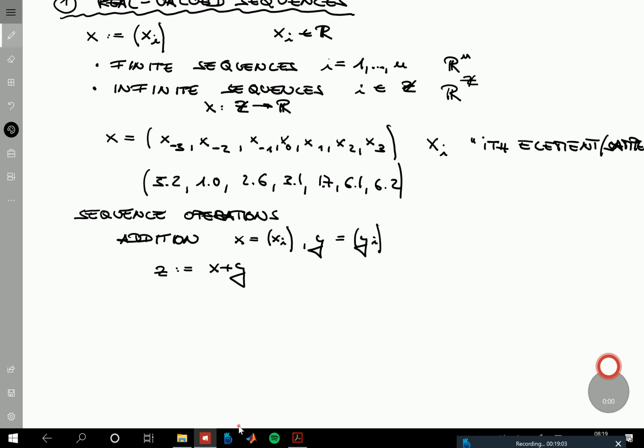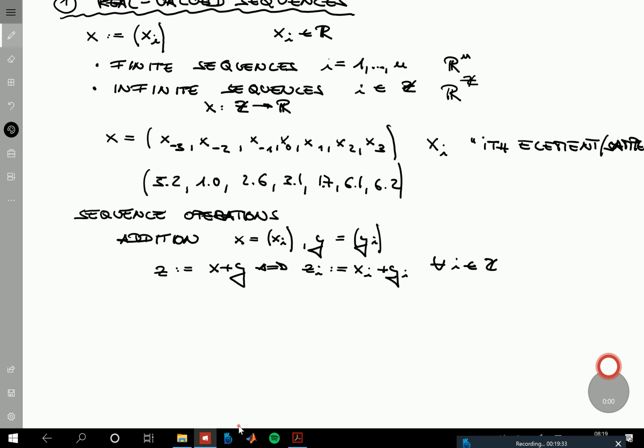Of course, you can only add together two finite or two infinite sequences, because otherwise you would not know what to do, because the addition of these two sequences is defined in an element-wise manner. So the ith element of z, the sequence z, is given by the ith element of x plus the ith element of y for all i in Z.